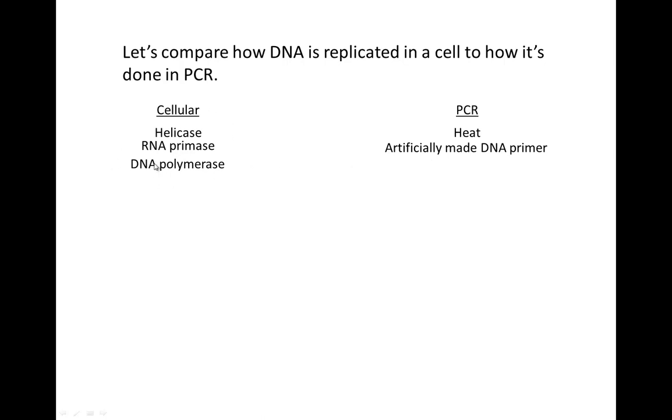The next step inside the cell is for DNA polymerase to actually do the elongation. And for most organisms, for example, our DNA polymerase works best at a temperature of 37 degrees Celsius, our normal body temperature. We're going to use a special type of DNA polymerase that comes from an organism called Thermus aquaticus.